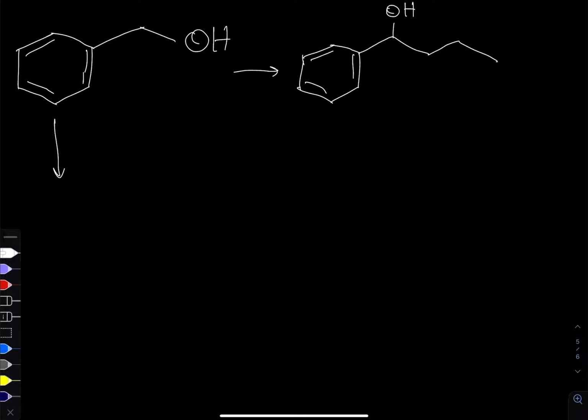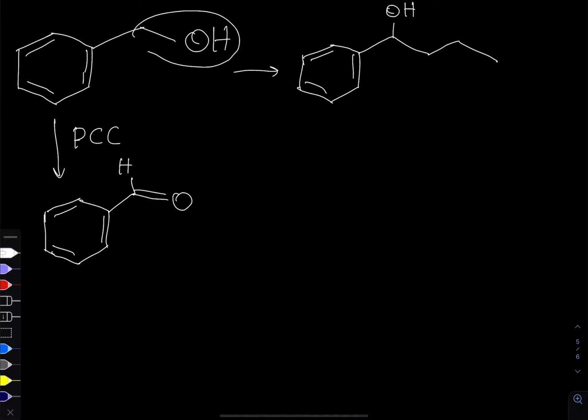But again, in order to use a Grignard's reagent, you want to have a good electrophile in your molecule. So to get an electrophile here, we can again use PCC to oxidize this into a nice looking ketone, or in this case aldehyde, actually, not ketone. So we get an aldehyde as opposed to an alcohol group.